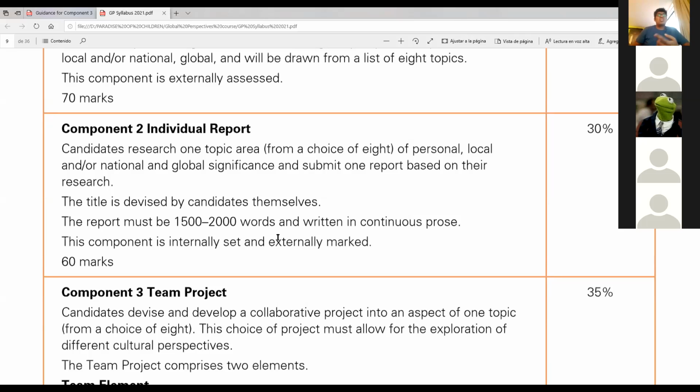Also, you're going to get a lot of PDF cards that I'm going to send to you. I'm going to explain very briefly all the individual report class by class. But in the meantime, I want you to do one individual report as a draft for April 22nd, and try to do it in a similar way to how you did your research report in the previous year.